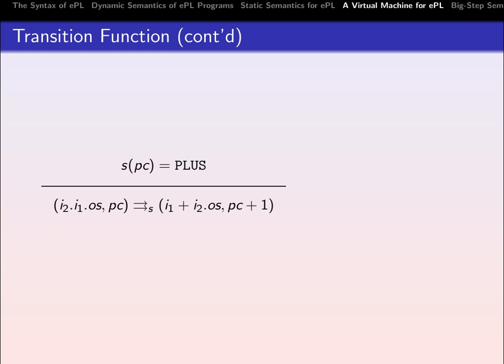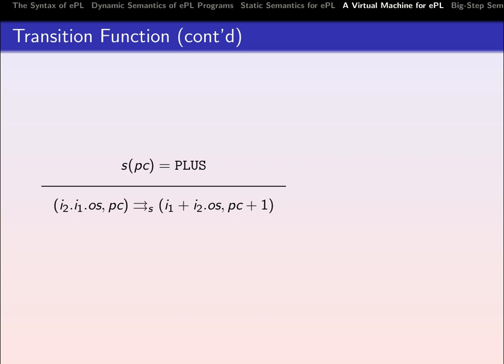If my current instruction is plus, I need to have at least 2 operands on the stack. If I don't, it's a cause for crash and burn. So if my current instruction is plus, from the state I2, I1 prepended to OS and program counter PC, we move on to a state where we have performed the operation I1 plus I2.